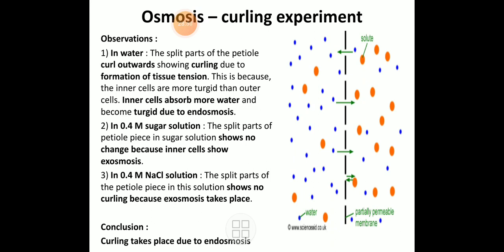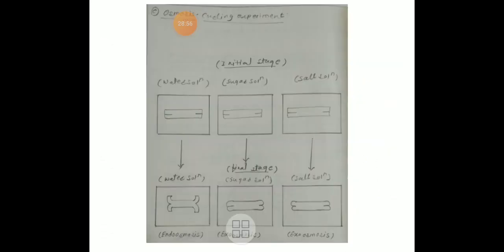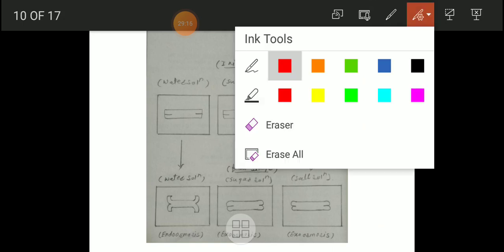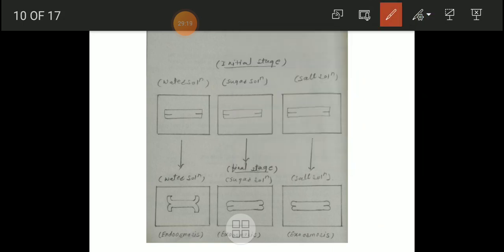My friends, you have to keep in mind how things take place in the process of osmosis. This is the sketch made by the student, and we have taken photographs for your understanding. As we already know, we have to show endosmosis and exosmosis. Here in the curling experiment, first of all, we have taken pieces of arum and placed them into different concentration solutions.